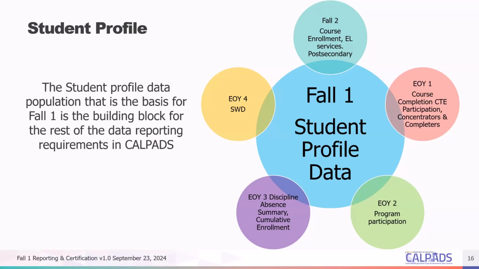Your absenteeism. And then end of year 4, you submit your students with disability files again, but those records that you established in Fall 1 will be reported again for end of year 4 in many cases. So Fall 1 data will affect your CALPADS information for the entirety of the reporting cycle or the reporting year.